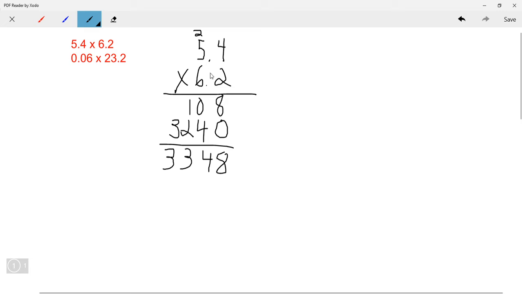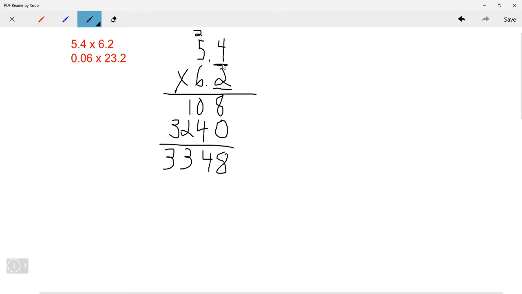But these are not 54 times 62. This is 5 and 4/10 times 6 and 2/10. So what do we have to do? We have to see how many digits are on the right side of the decimal. In this case, it's 1 in this one and 1 in this one. So we add these up to be 2. We don't add the digits up.